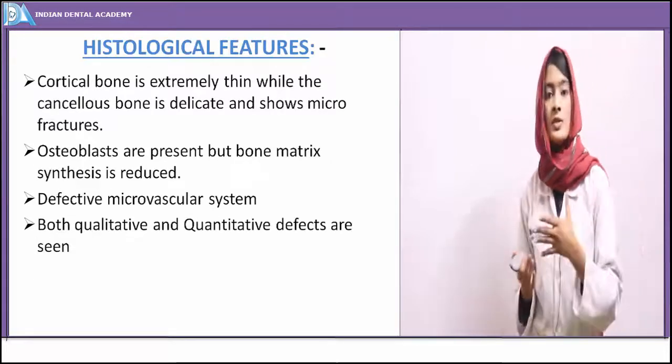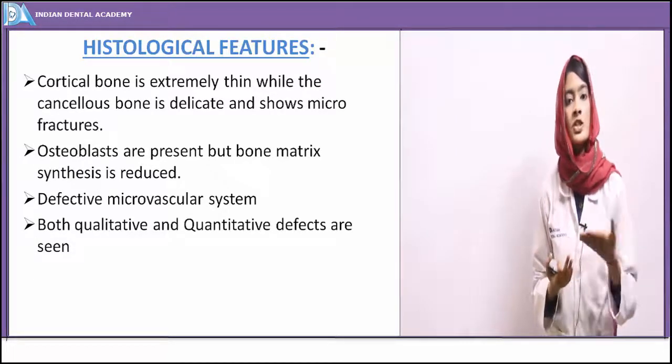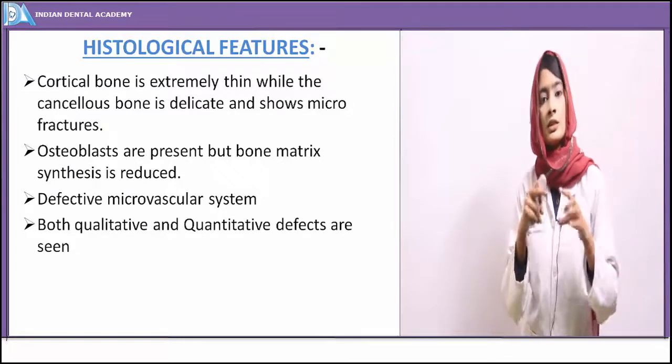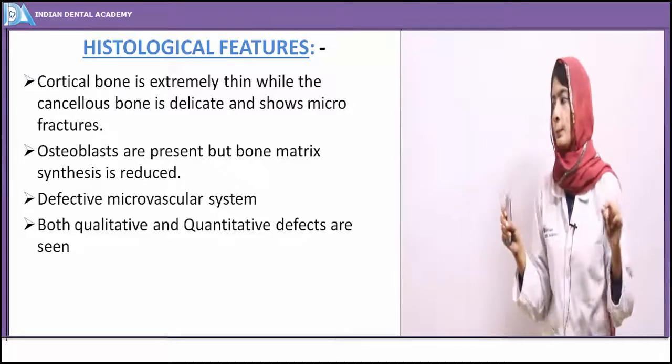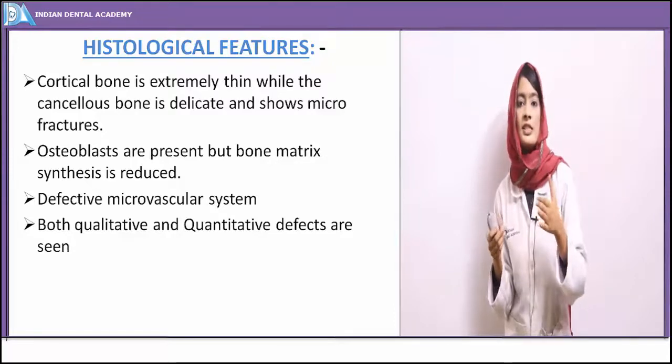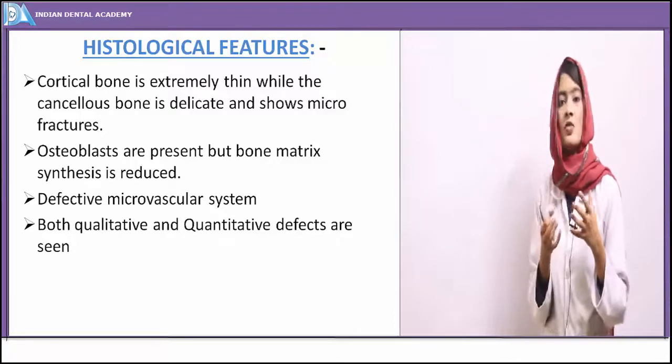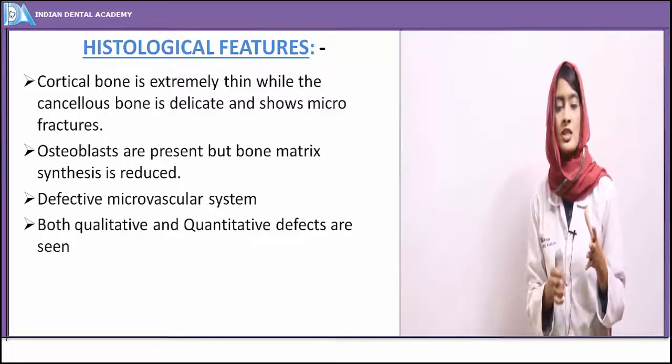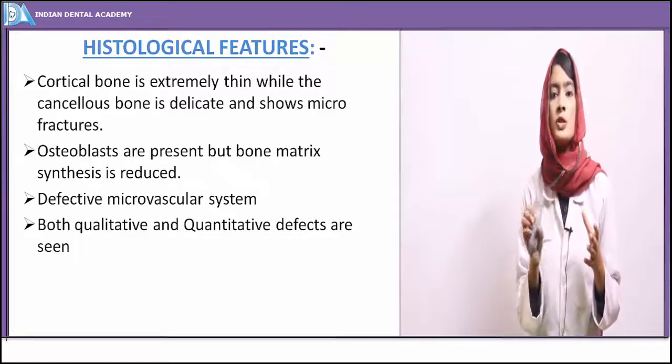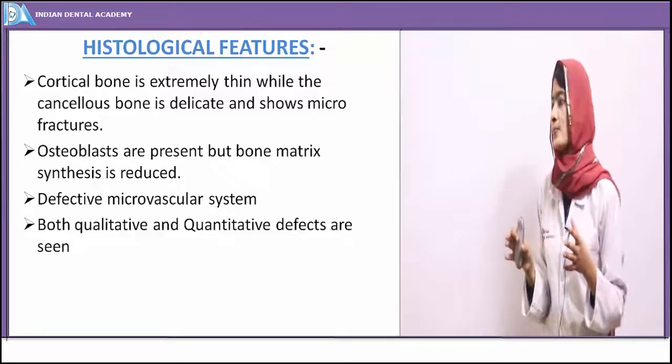When we observe the picture microscopically, you can see that the cortex is extremely thin. Whatever cancellous bone is formed is very delicate and shows microfractures because of the presence of immature spongy bone in the cortex.